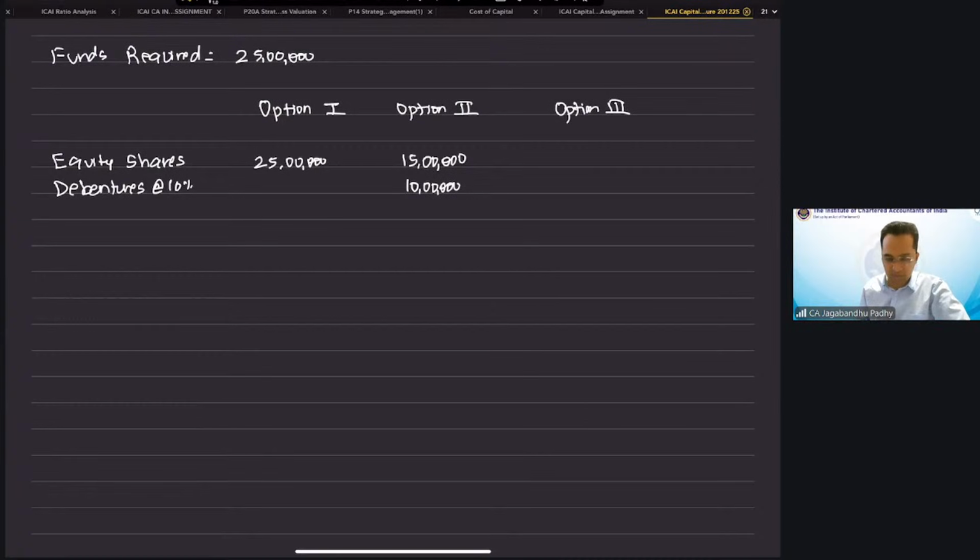Third option is to raise equity shares of 10 lakh, debentures of 10 lakh, and preference shares.